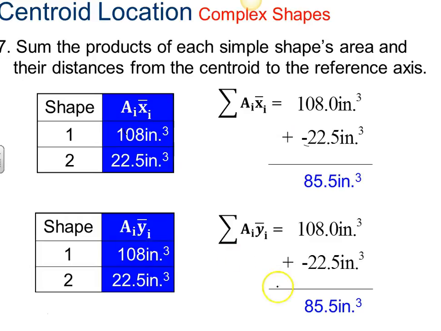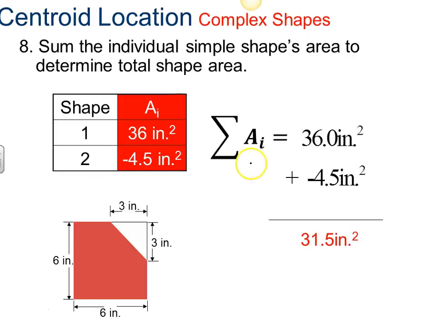It just is in this problem. 85.5 cubic inches again. We then sum the individual simple shapes' areas to determine the total area. So we've got 36 square inches for the square and 4.5 square inches for the triangle. So 36 minus 4.5 is 31.5 square inches.